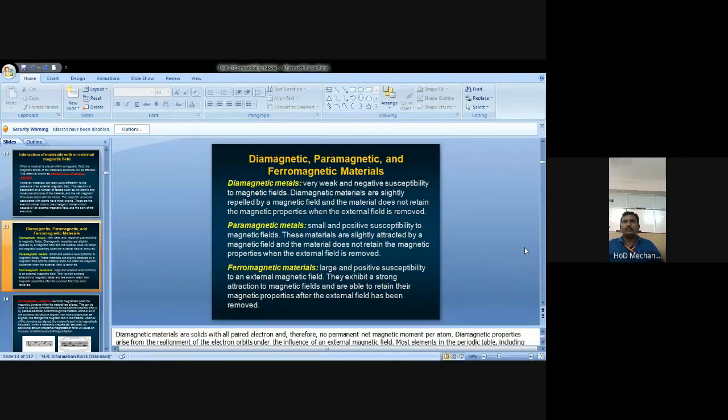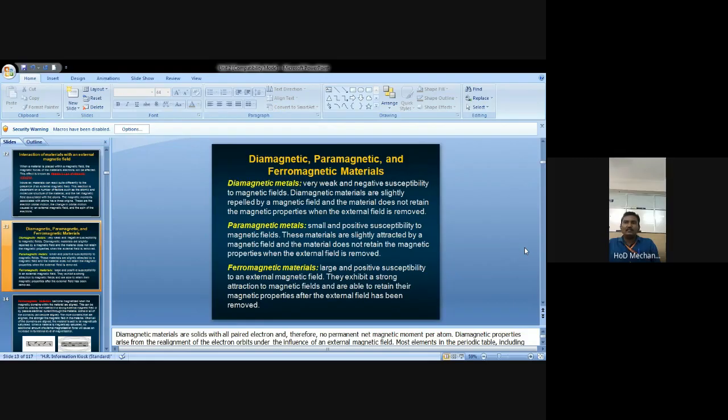Diamagnetic, paramagnetic and ferromagnetic materials. Following the principle, the definitions are as follows. Diamagnetic metals: a metal that has a negative and very weak susceptibility to a magnetic field is called diamagnetic.